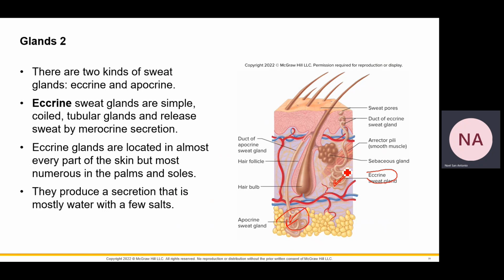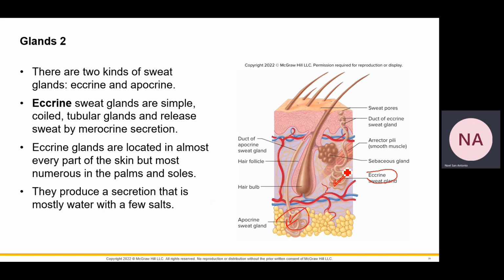And they are more numerous, in almost all surfaces of the skin: the forehead, the back, the chest, the forearm, the palms of the hand, and the soles of the feet. And they usually produce sweat that is mainly composed of water and few salts. Kaya medyo maalat ang pawis.